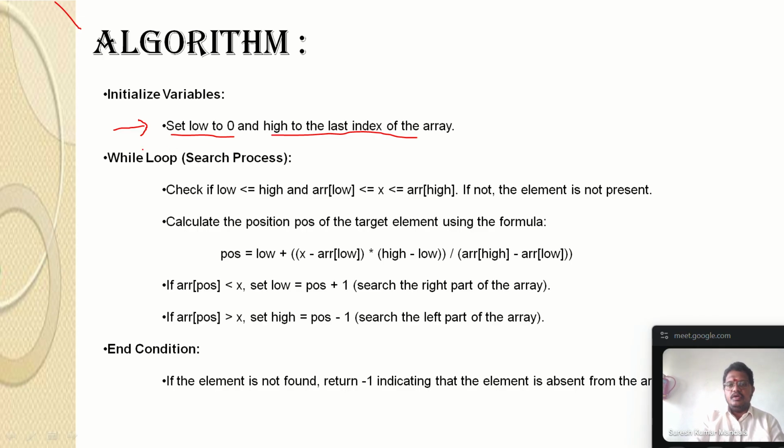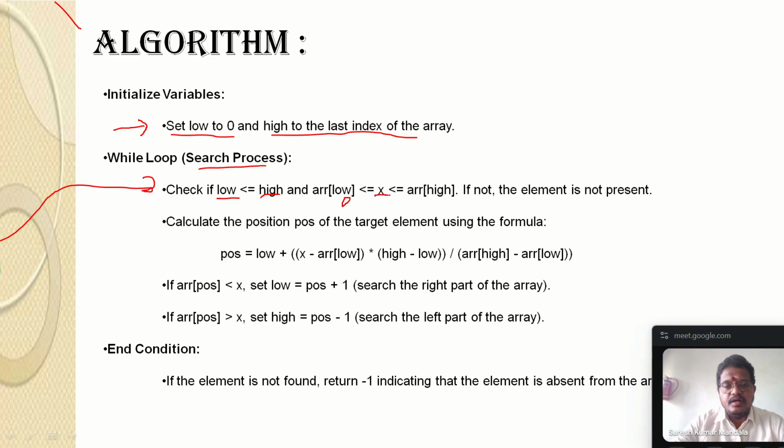Next, the while loop. In the while loop, the searching process will start. In the first step, we check if low is less than high, and the condition also applies that array of low, meaning array of 0, is less than the target value.